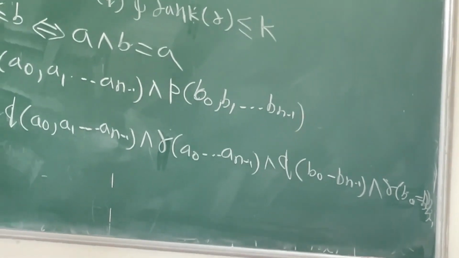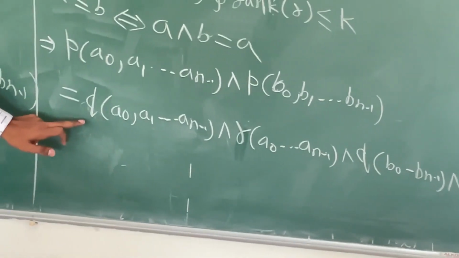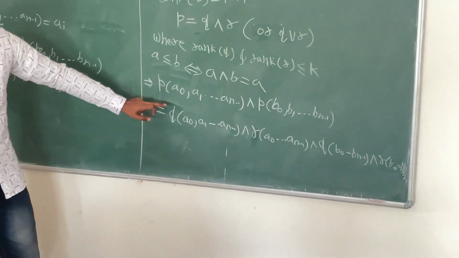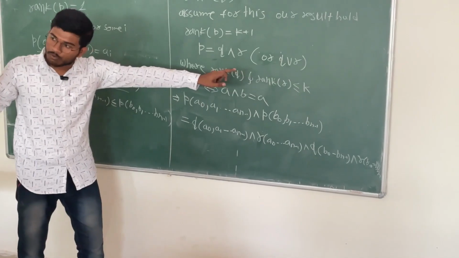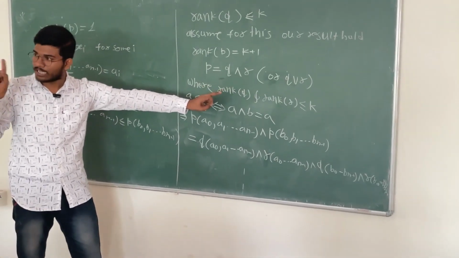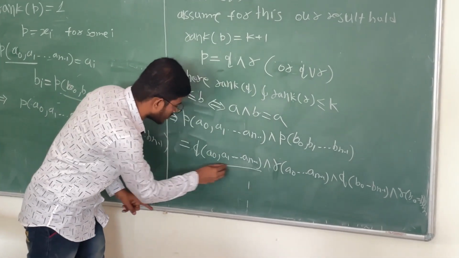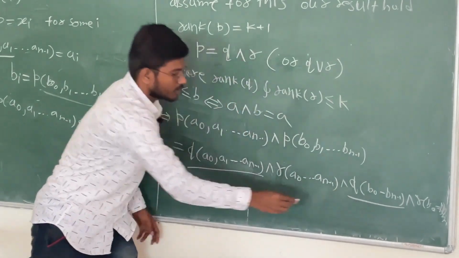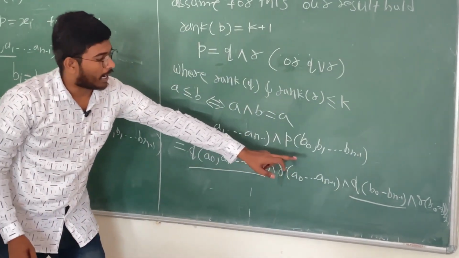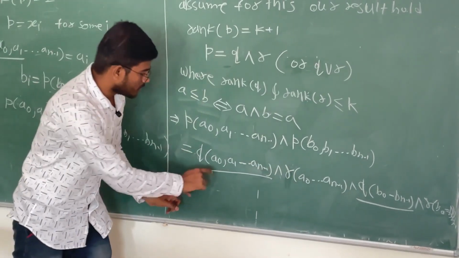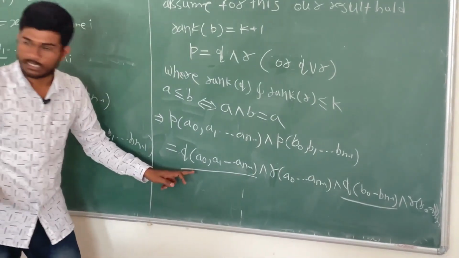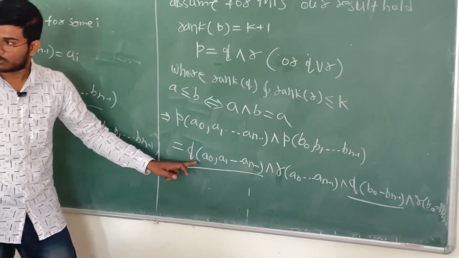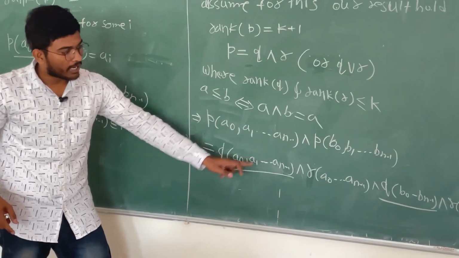Now you can observe that q is a polynomial having rank less than or equal to k, and we have assumed that the result holds for that k. So let us observe these two terms. By assumption, this will be only this, because this is less than or equal to this value and we are taking the meet.